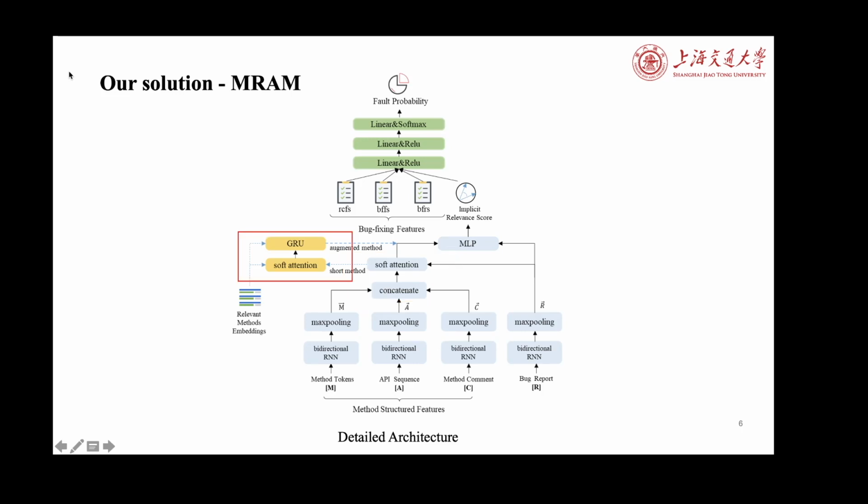For a method with a short length, the method expansion network enriches its representation by retrieving the information from its relevant methods. Finally, the fault localization network predicts the fault probability of a method by combining the implicit and explicit reference to the bug report.